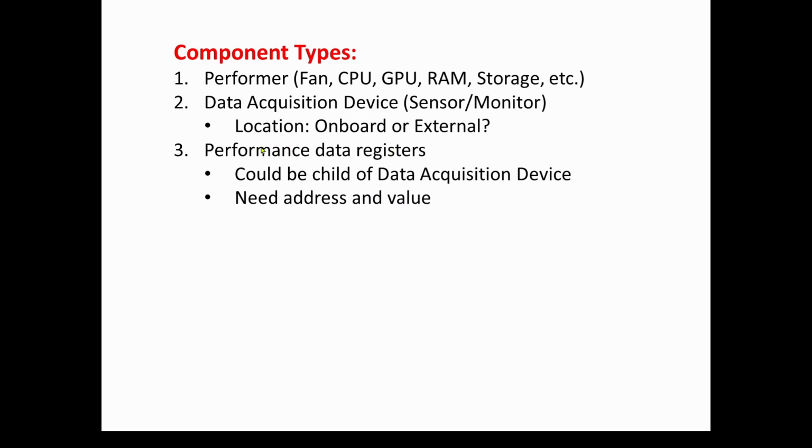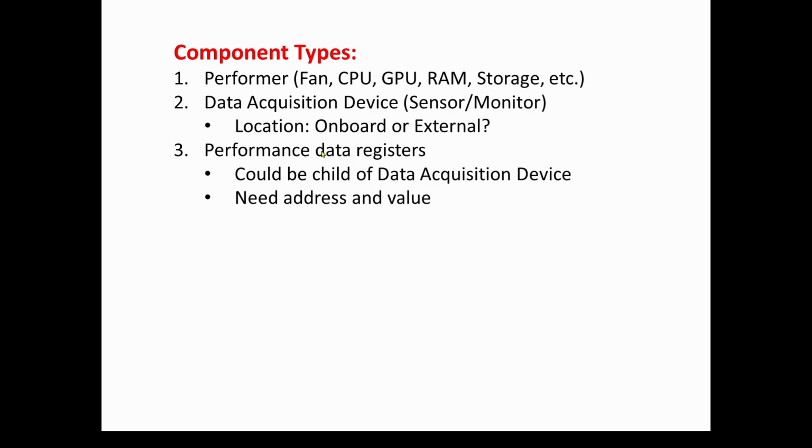So to get the data, we're going to have to probably figure out where is the register, what is the address, and what type of value is it holding so that we know what to do with it. So we're going to get the data from the data acquisition device. It's going to be put into a register somewhere, and we're going to have to grab it and process that data based on what's the value and what's the type of that value.